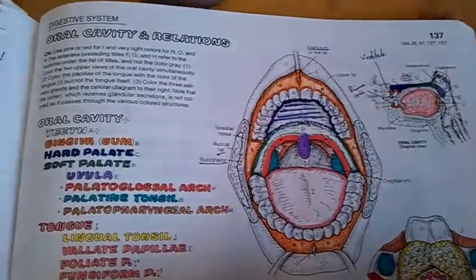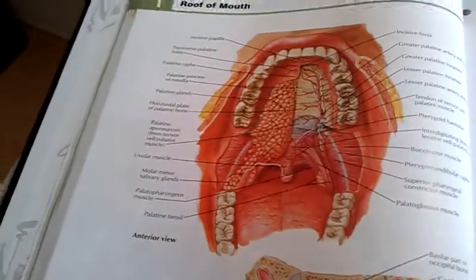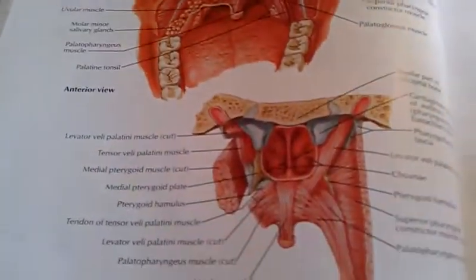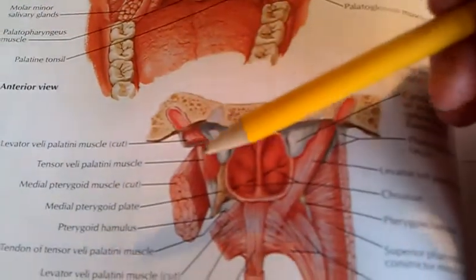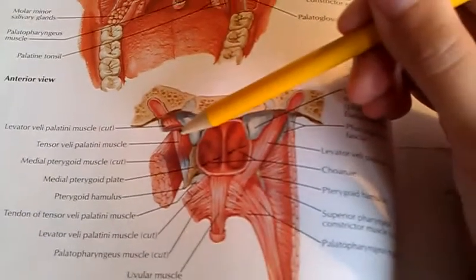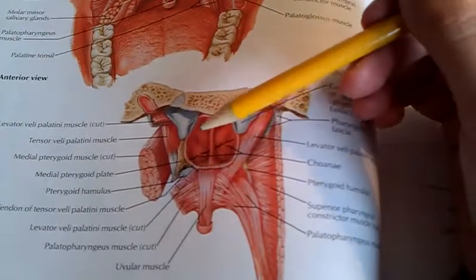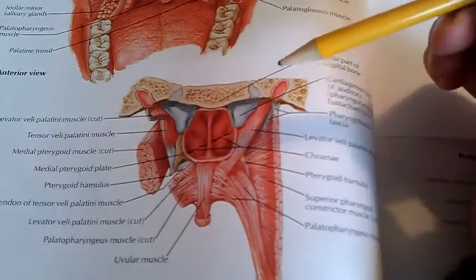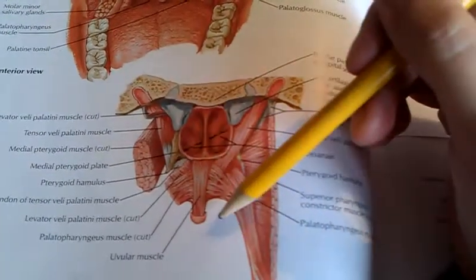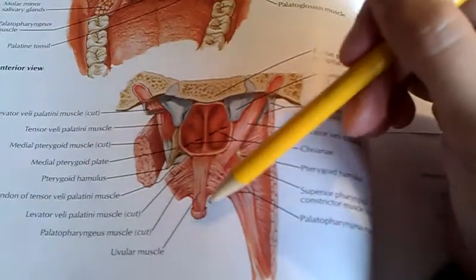And lastly, I will just mention the palatine muscles. You have the tensor veli palatini muscle, which goes here. Now you're looking from behind and into the nose, and then you have the opening into the mouth here.